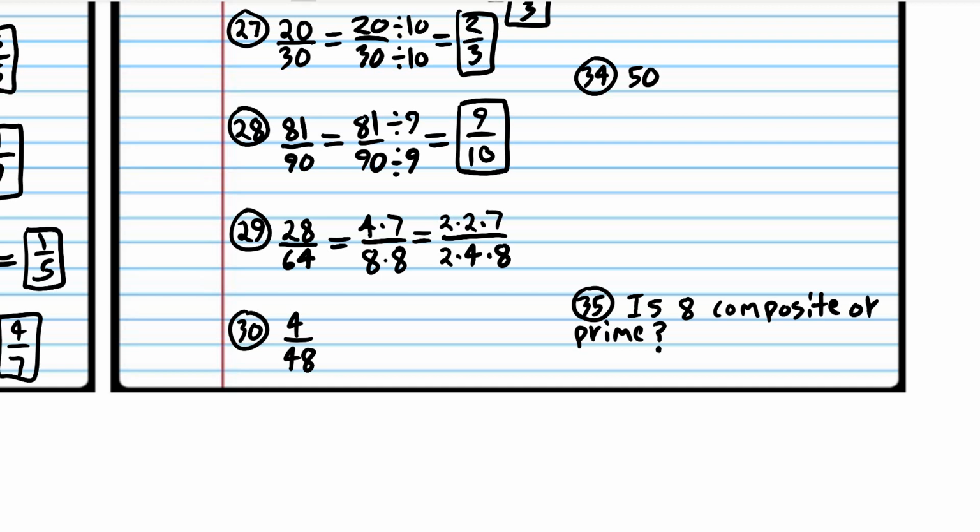Let's see here. If I recombine the 2 times 2 here and just keep that as a 4, I see I have a 4 on the top and a 4 on the bottom. So what we're going to do is what's called canceling out. If you multiply 4 times 7, you get 28, right?